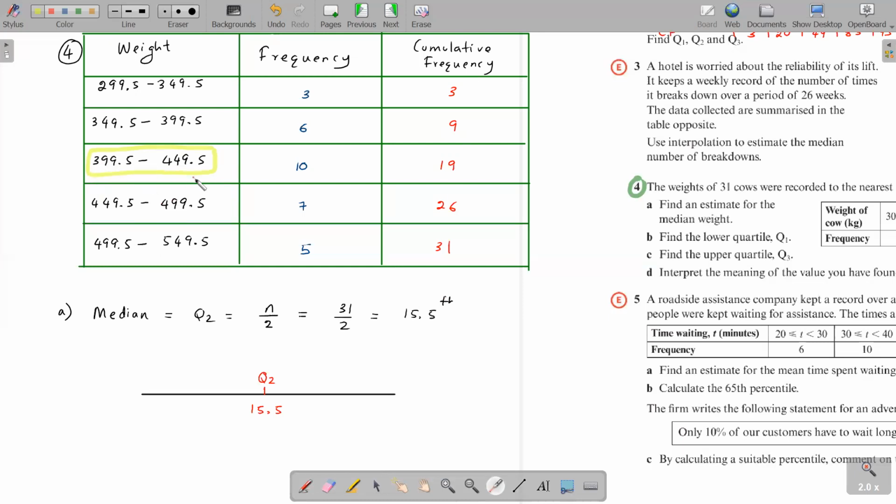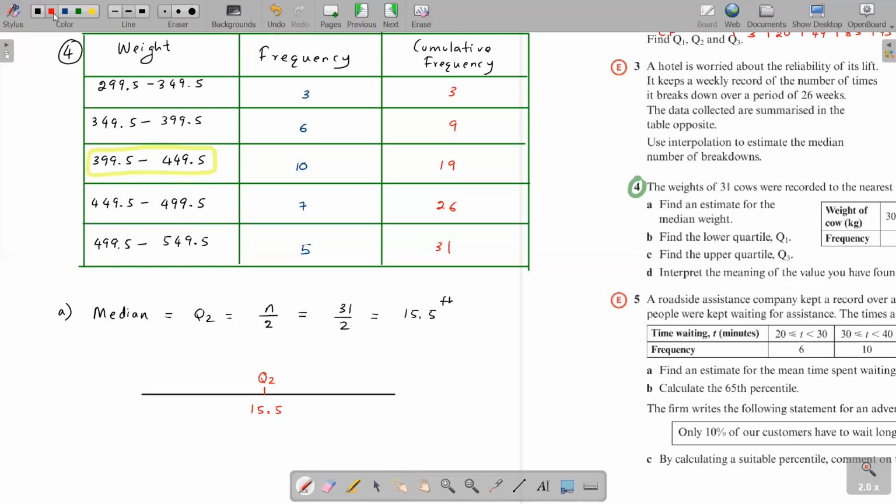But now I'm not just satisfied with the median class. I want the exact pinpoint position of the median. If it is in this class, then where in this class? I want the exact position. So what did we find out? We found that Q2, the 15.5 position, by checking the cumulative frequency, is between 399.5 and 449.5.